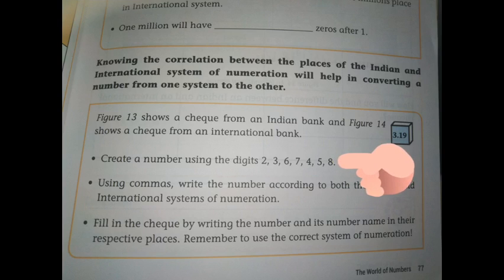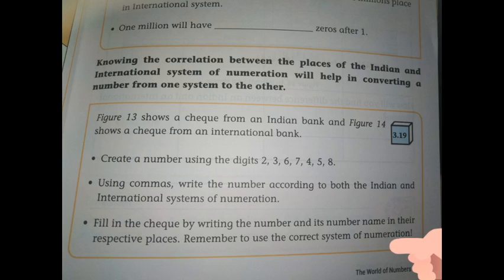Using commas, write the number according to both the Indian and international systems of numeration. Fill in the check by writing the number and its number name in their respective places. Remember to use the correct system of numeration in the check.